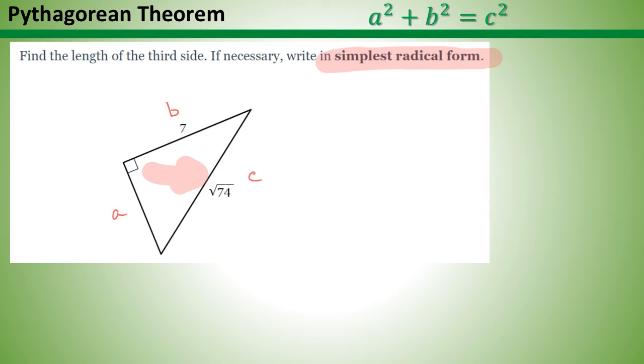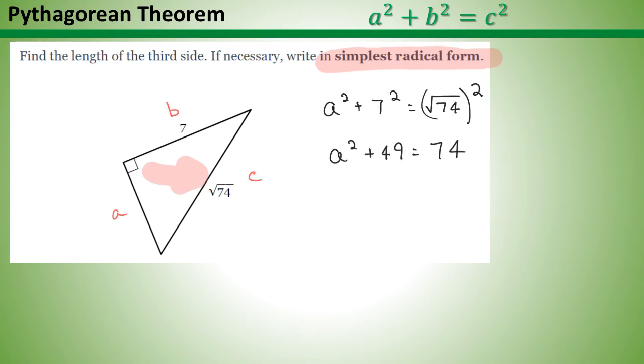So I have a squared plus 7 squared is equal to the square root of 74. And let's put parentheses around that, and we're going to square that. Okay, so now a squared will just stay as a squared. 7 squared is 49. Okay, the square root of 74 squared will just be 74.